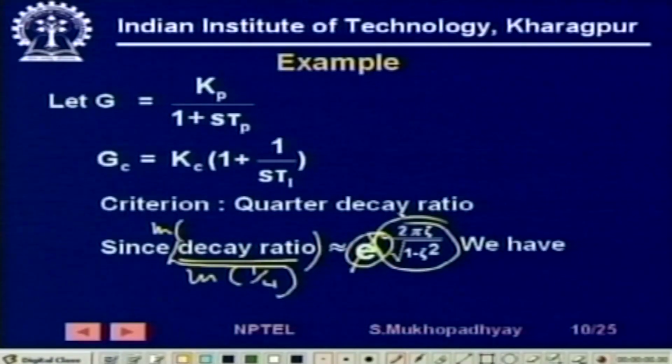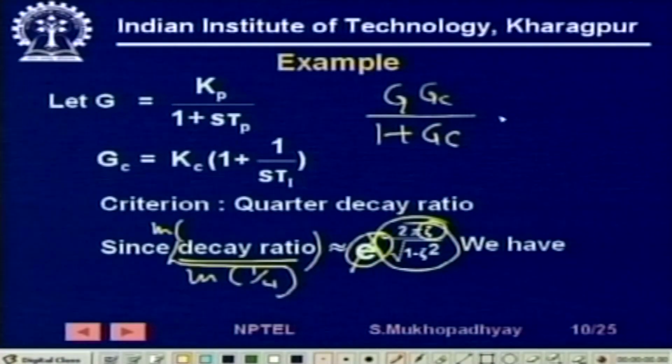Now what should be the value? What I have to find out essentially is what should be the value of this zeta such that this function evaluates to be less than ln 1/4. Now what is zeta? If I compute GGc by 1 plus GGc, then in the denominator I will get some parameter in the form s square plus twice zeta omega n s plus omega n square.